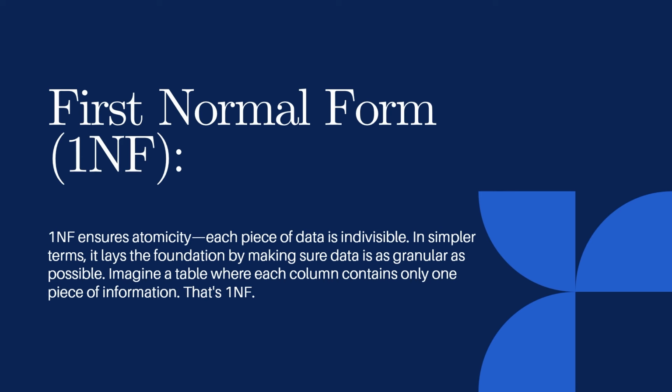First normal form basically wants to tackle the issue of redundancy. Okay. It ensures that your table has only one data which cannot be further divided. It ensures atomicity. In simpler terms, it makes sure that your data is as simple in a particular table as it could be.